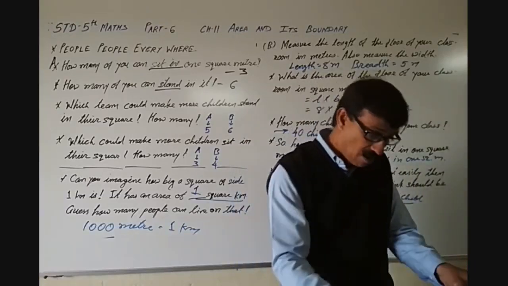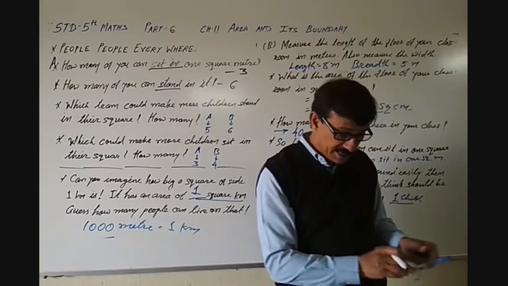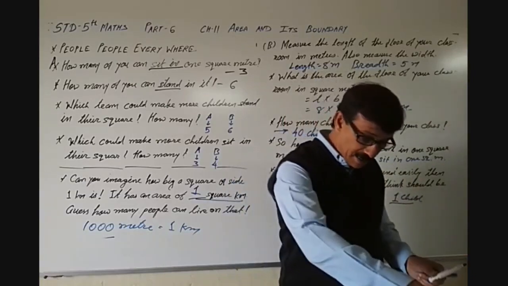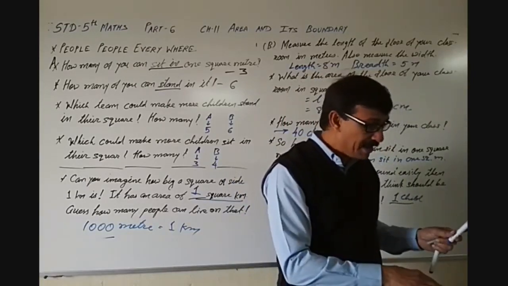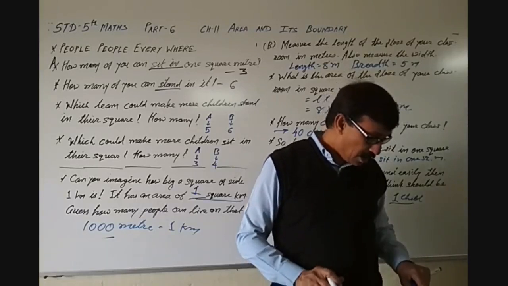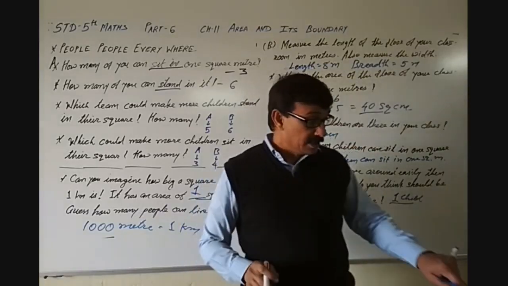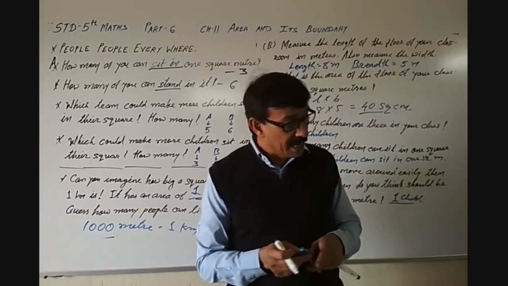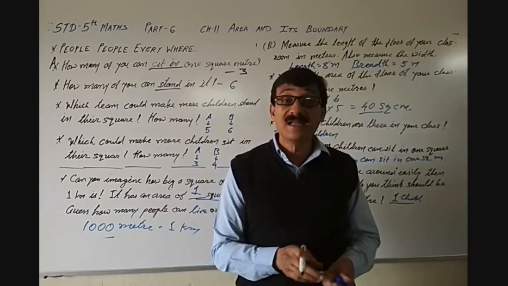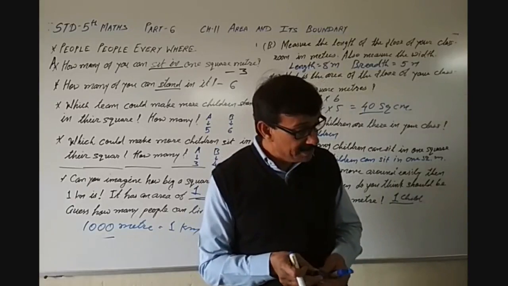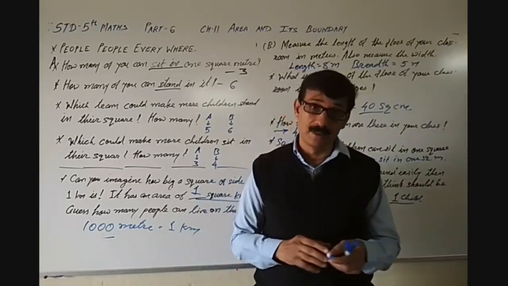Okay. Now, one more thing is there on page number 152. See, in West Bengal there are about 900 people living in 1 square kilometer.